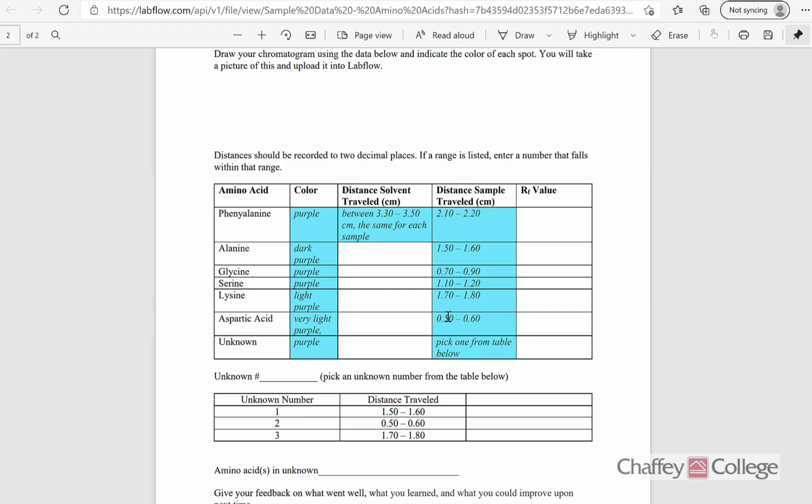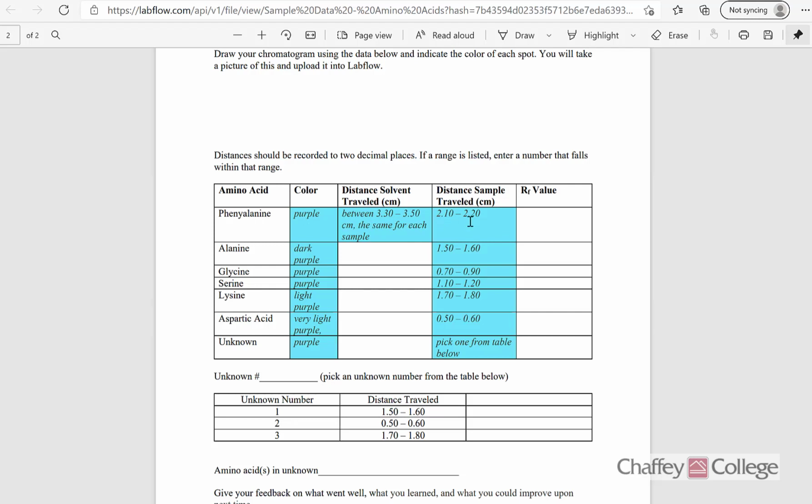So what you have to do is use these values. These distances are in centimeter, and you have to draw that spotted diagram in which you show that phenylalanine traveled 1.5 centimeter, and alanine traveled 1.5 centimeter, and then phenylalanine traveled 2.1 centimeter.